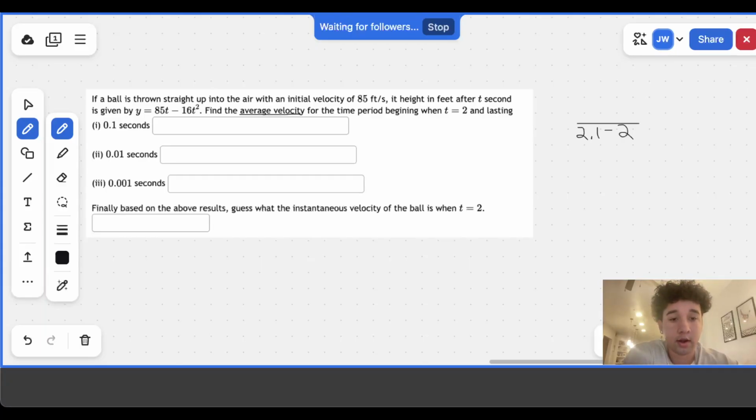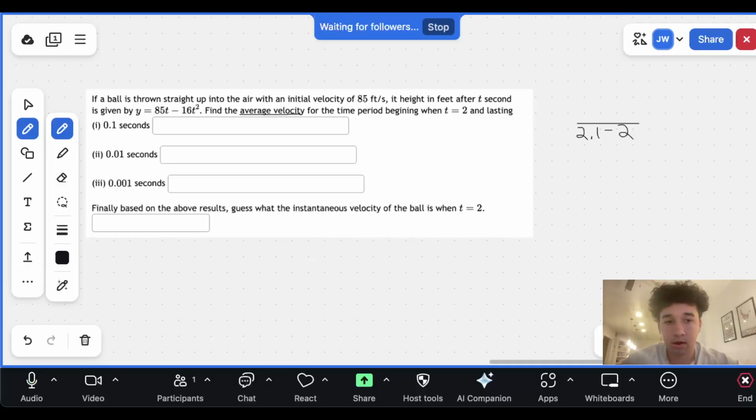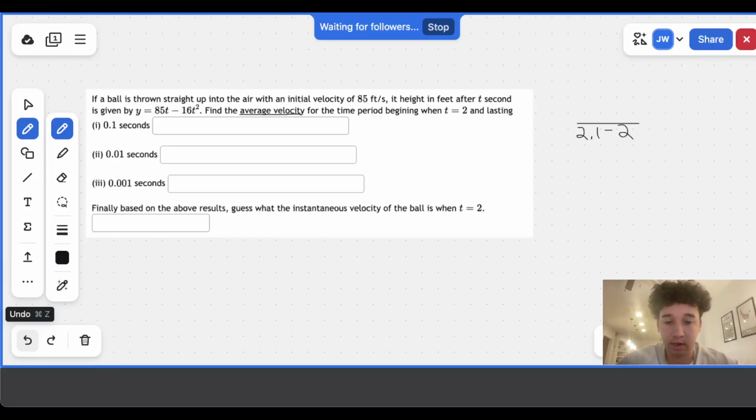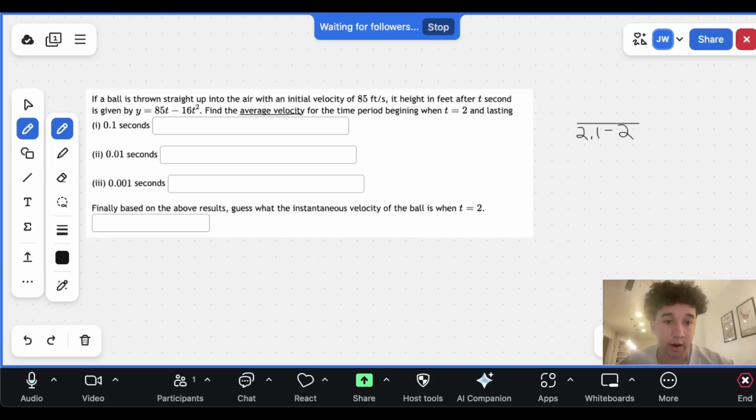So here, I'm going to plug in my values. So 85 times 2.1 is, no idea, 85 times 2.1, 178.4. I don't have to write that down actually. Minus 16 times 2.1 squared, which is 107.94.